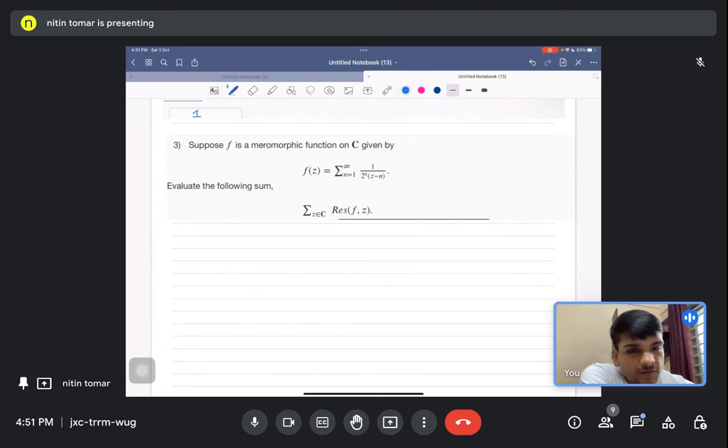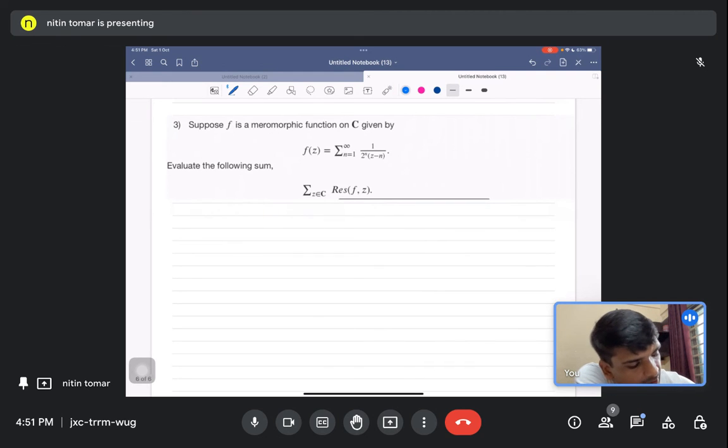Now f is a meromorphic function on the complex plane and it is given like this: half times 1 upon z minus 1, plus 1 by 2 square times 1 upon z minus 2, plus 1 by 2 cube, and so on.